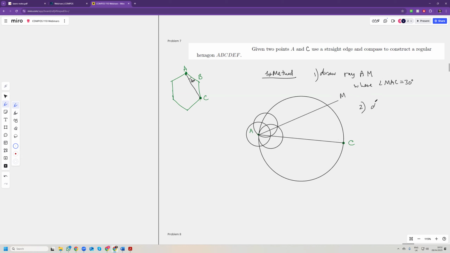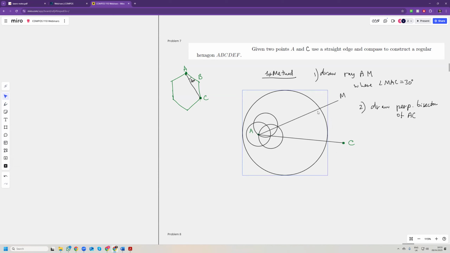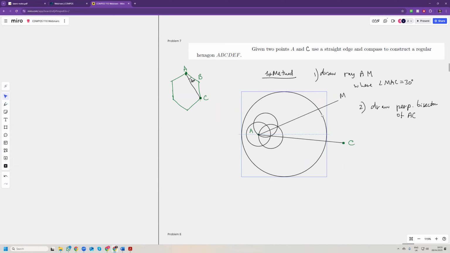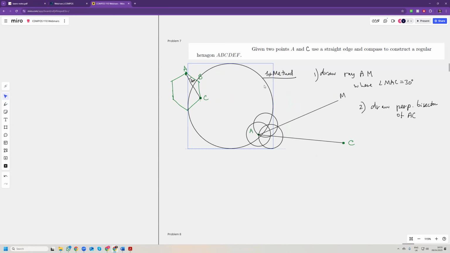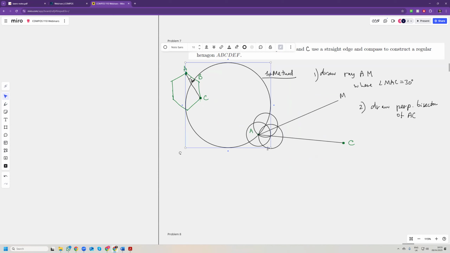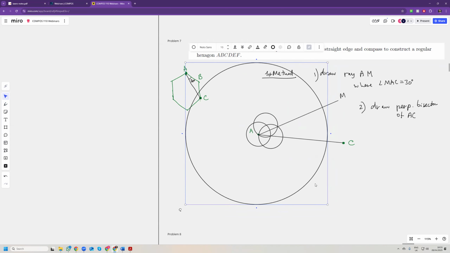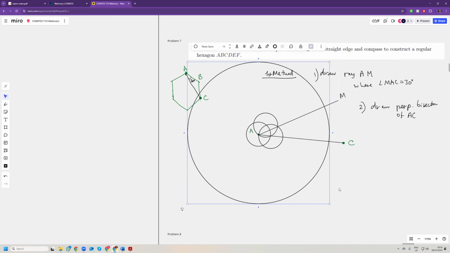Second, draw the perpendicular bisector of AC. And to do this, we take two circles. Okay, so I copy this circle. We draw a circle. Oh, no, it has to be bigger. That big enough? Oh, yes.